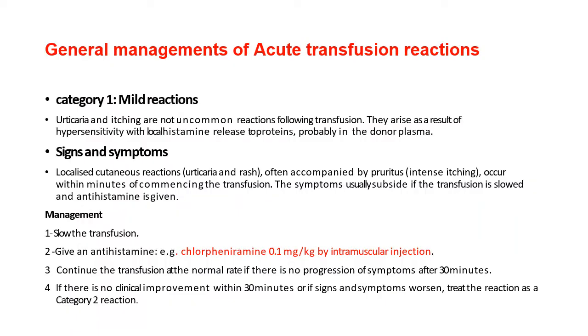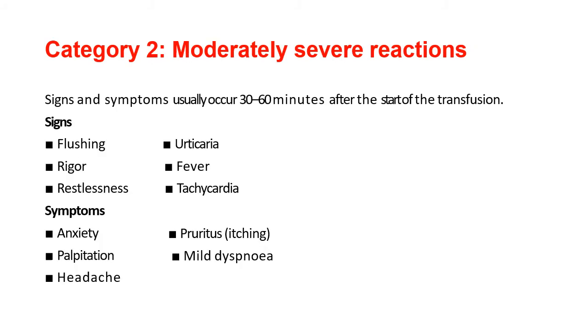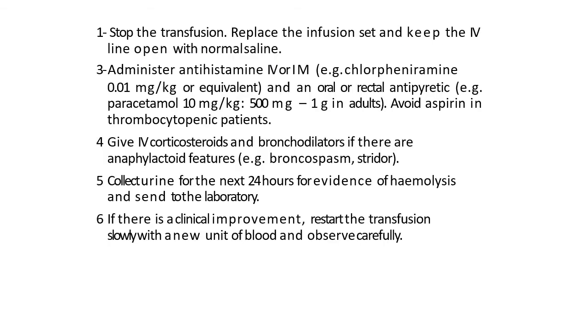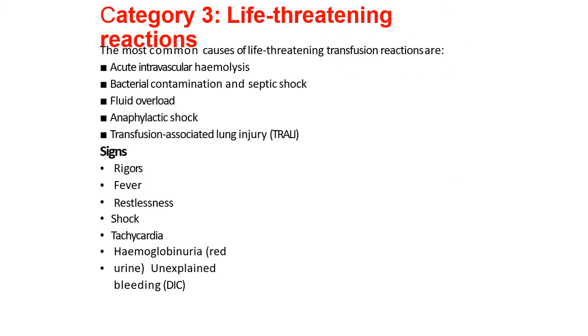The general management of acute reaction is, if it is mild, you slow the transfusion and give antihistaminic. If it is moderately severe, as I told you, based on signs and symptoms, you clearly stop the transfusion and give antihistaminic and steroids.